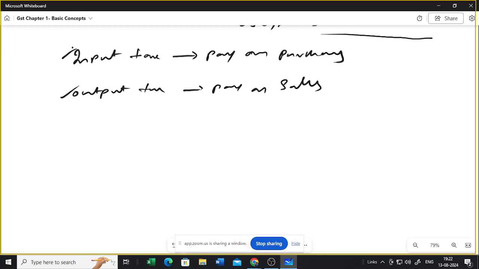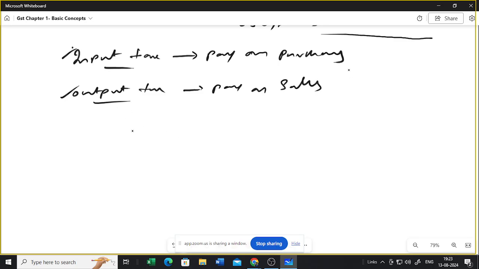Now, what is the tax you need to pay to the government?